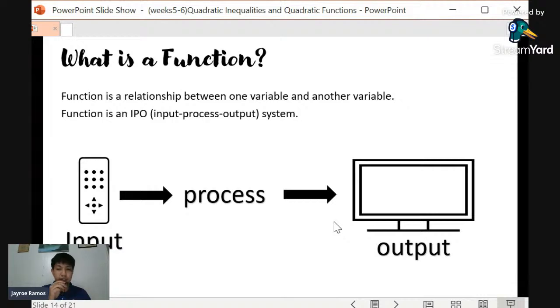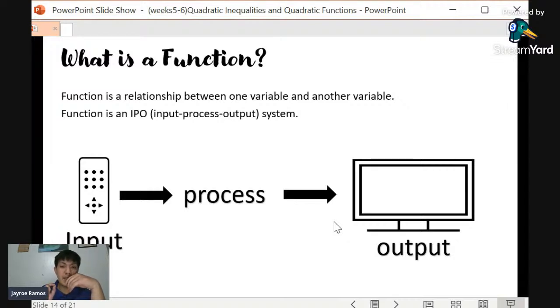So that is one of the simplest applications of function, yung switch at saka yung ilaw, di ba? Anong input doon? Sige, let's try. Let's use your example, Anika. We have the switch and then the light bulb. Anong input dyan? Try muna natin yung ilaw at saka yung switch, yung light bulb at saka switch.